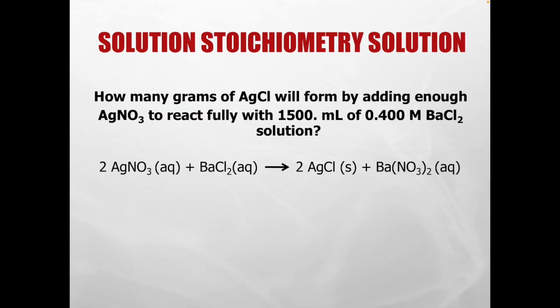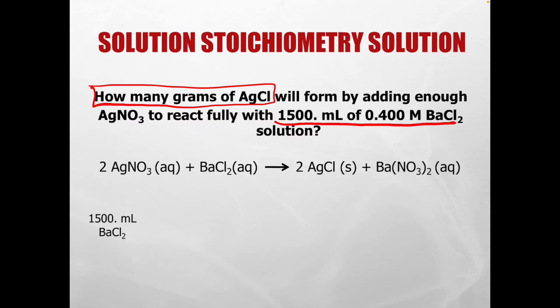Alrighty, so again, we are solving for grams of silver chloride, and what we're given is 1,500 milliliters of 0.4 molar barium chloride. Again, we are not starting with molarity because molarity is a conversion factor. That means we are going to start our train track with 1,500 milliliters of barium chloride.